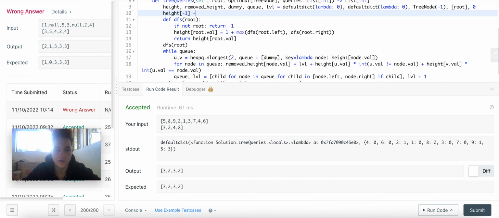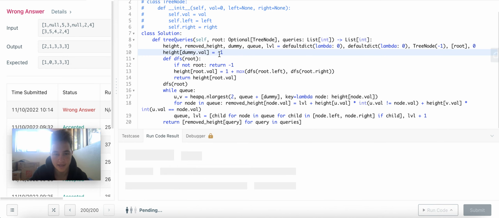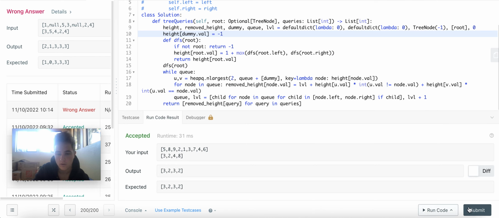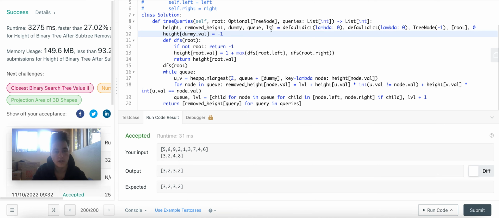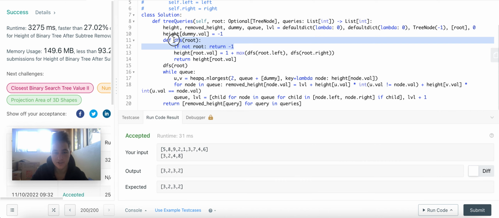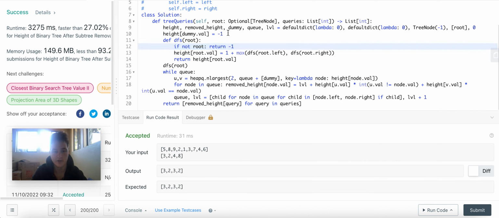So the dummy has value -1. We'll just call it dummy now. Because if there's nothing, the height is -1 in the tree. So that's what my intuition is telling me here. Because if there's no root, the value is -1. A dummy is basically a none value, which is what this is. So then it makes sense that it should be -1.